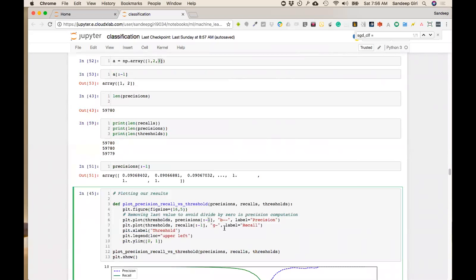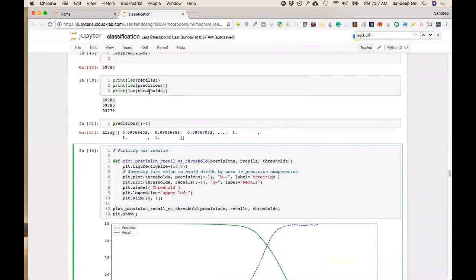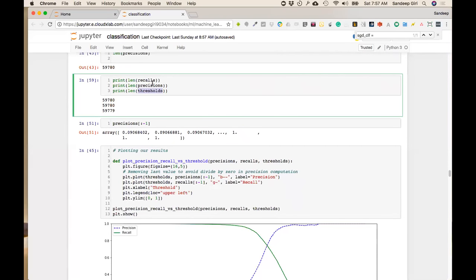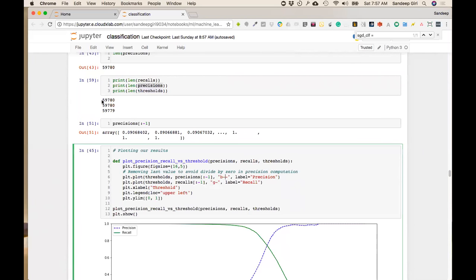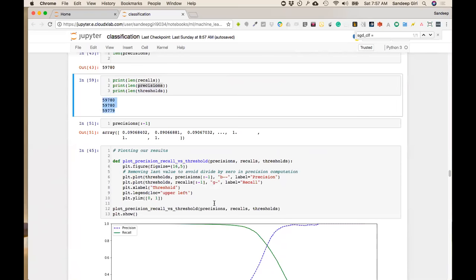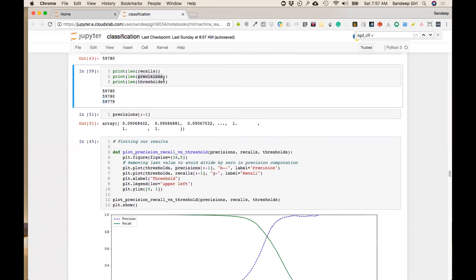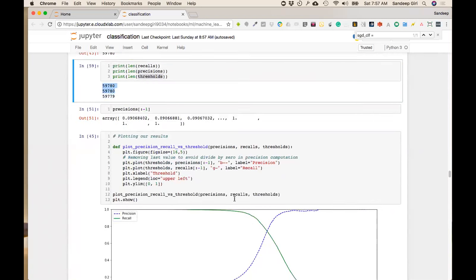Instead of giving precisions as such, we are removing the last element. And why is that? Since the length of thresholds is one less than recalls and precisions, we need to remove the last element so that we can plot it properly. Great, let's move on.